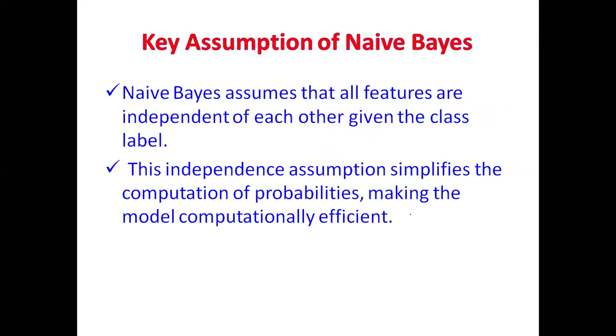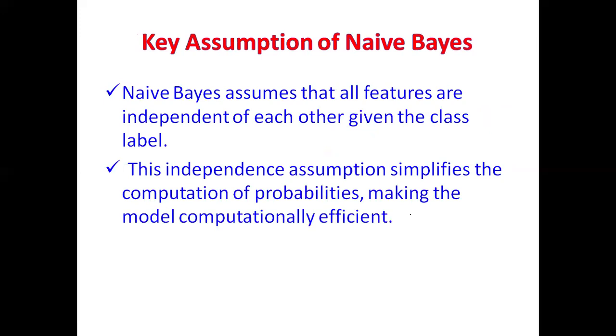Next, key assumptions of the naive Bayes algorithm. The primary assumption of naive Bayes is that all features contribute independently to the outcome given the class label.